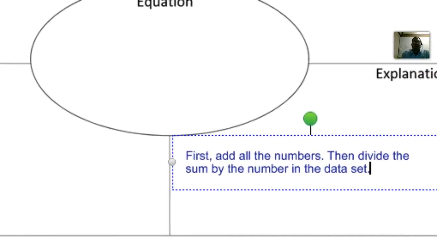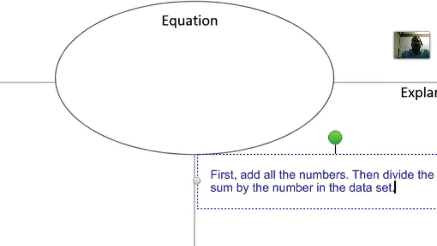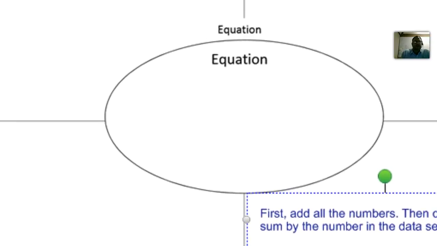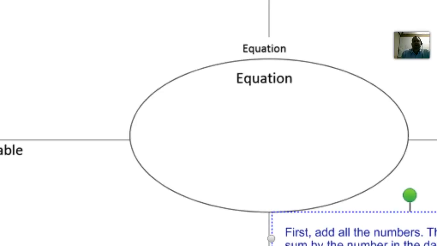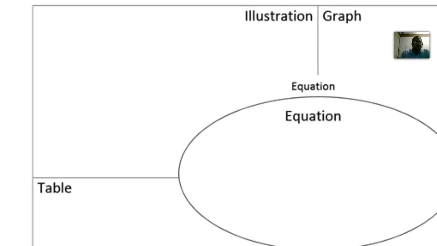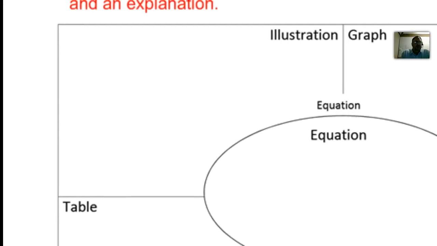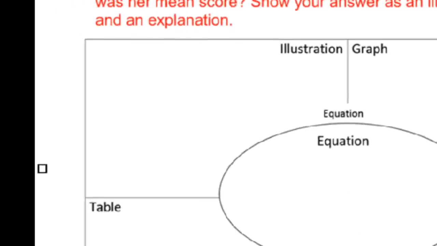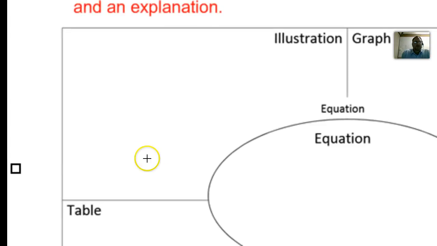So now my job is to add up all those numbers. And before I do that, I'm going to also start my illustration. So hang on for 1 second while I draw my illustration. Finding the mean is all about leveling the data.